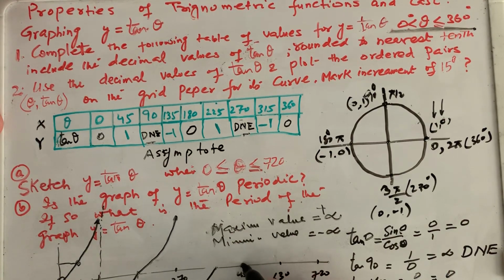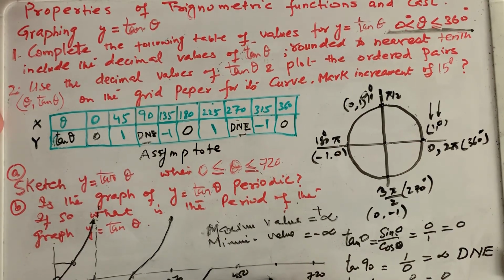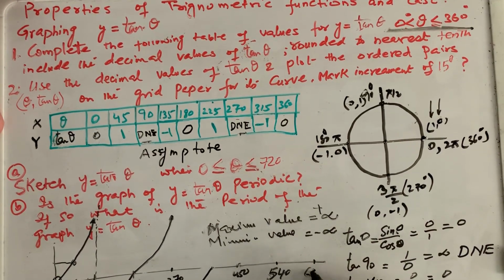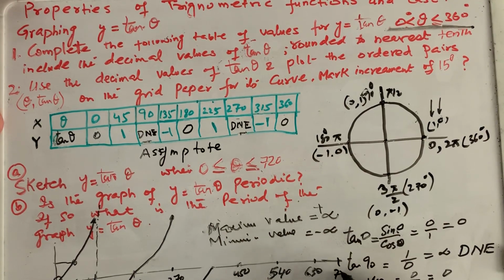so at 450, what is happening? At 450 and 540, we have 540, 450 and 540, then 630 and 720, which is exactly double.